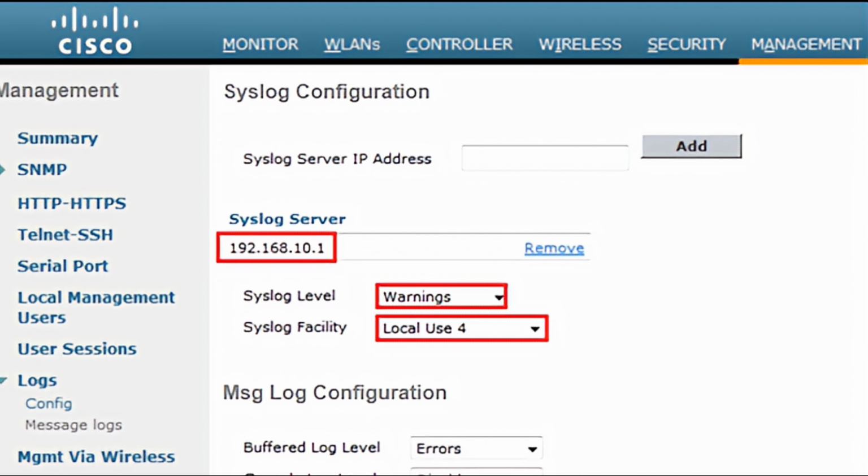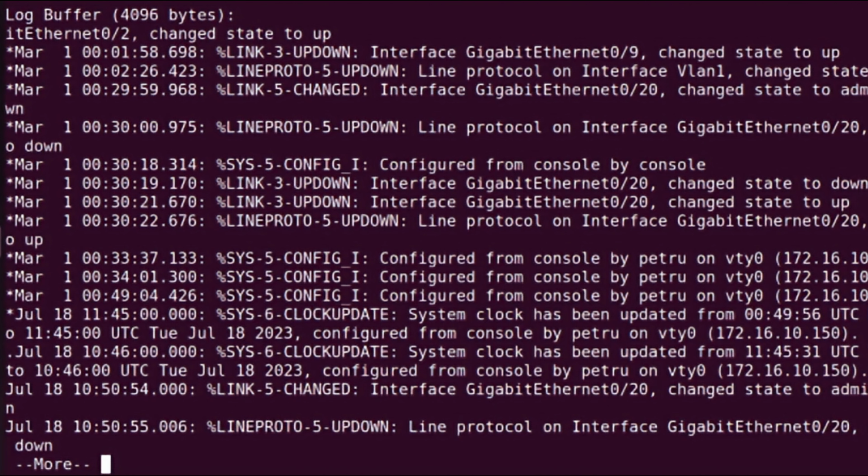Let's quickly recap. Logs are records of events generated by devices. Logging levels classify those events based on severity. Excessive logging, especially debug, can consume CPU, memory, storage, and bandwidth, which also degrades device performance. Syslog is the standard mechanism for transporting logs to a central server.